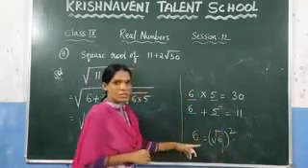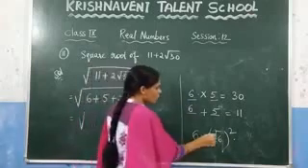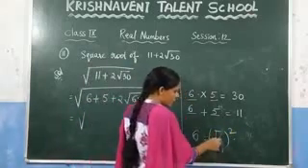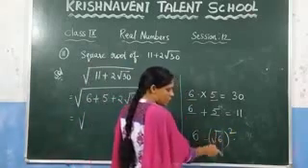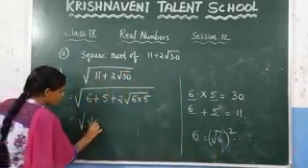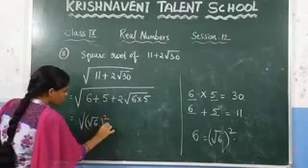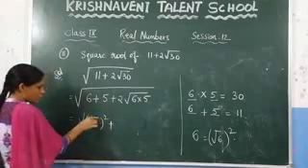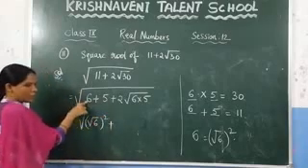Can we write this as root 6 whole square? Yes, because you know that this square and this root will get cancelled. You will get the same answer, which is 6 equals 6. For that reason you can write this as root 6 whole square, because this square and this root will get cancelled and you will get the same number.